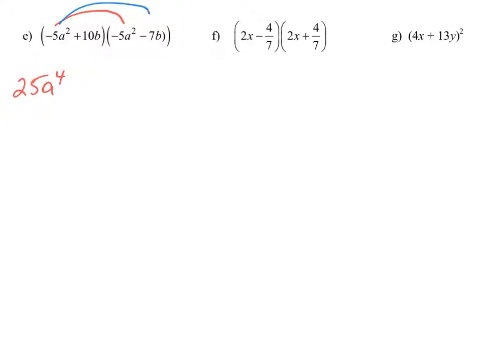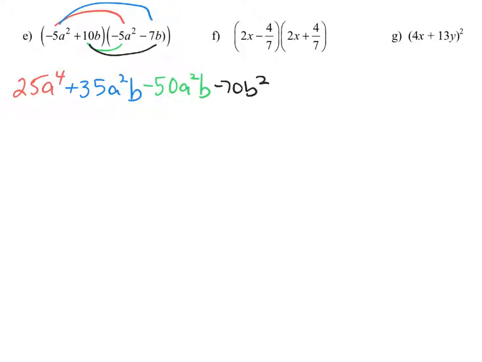Then our outer is negative 5a squared times negative 7b, which is a positive 35a squared b. The inner is 10b times negative 5a squared, and that's going to be a negative 50a squared b. And then the last term will be 10b times negative 7b, or negative 70b squared.